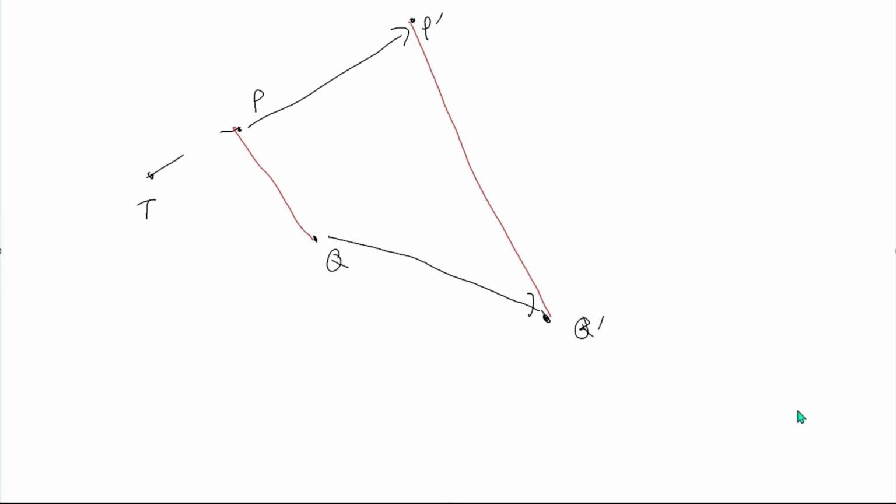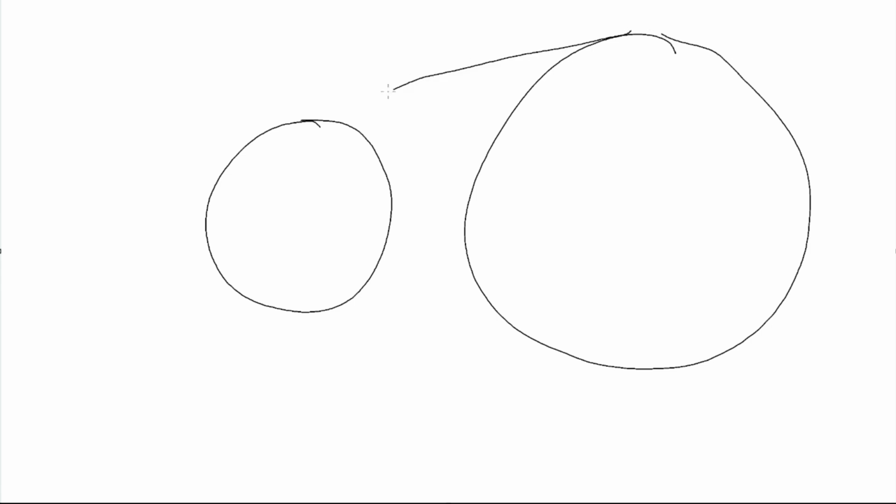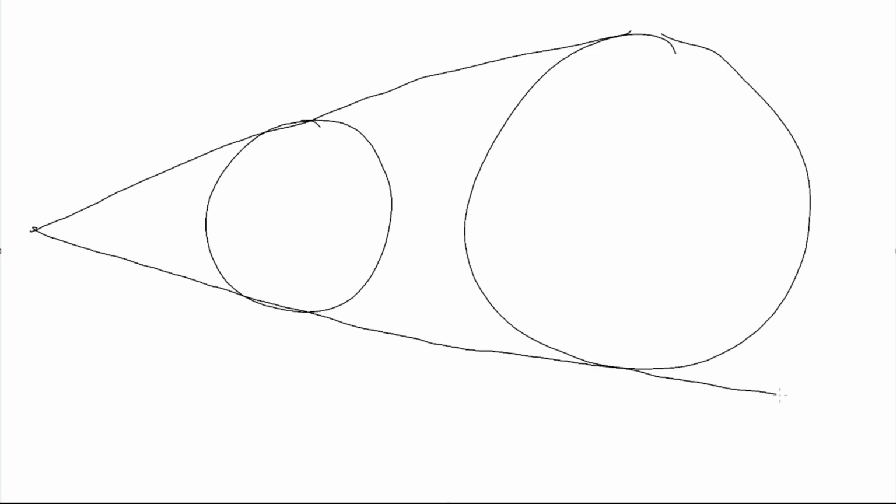All right, so now let's go back to the example presented at the beginning of this video and see what we can do. And this example regards the circles. So suppose we have a circle here and a circle here. And suppose that their external tangents here end up meeting at this point x. Then what do we know about the point x? Well, it definitely seems like we're scaling up from x to get from this circle to the other.